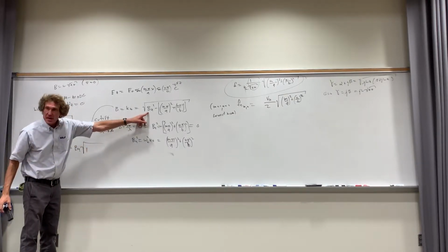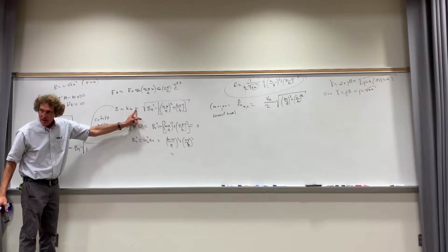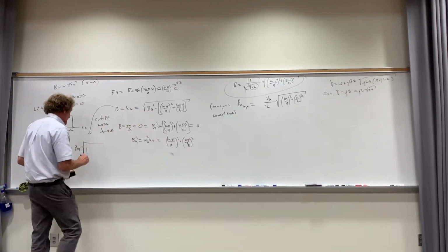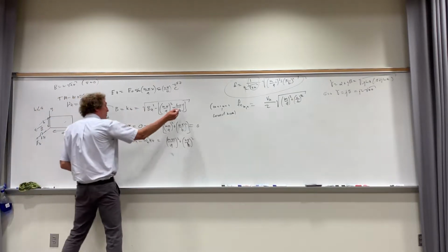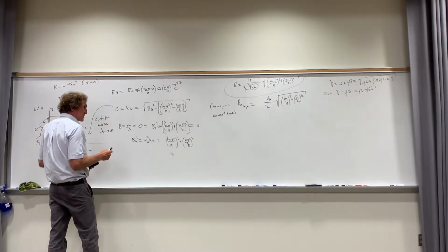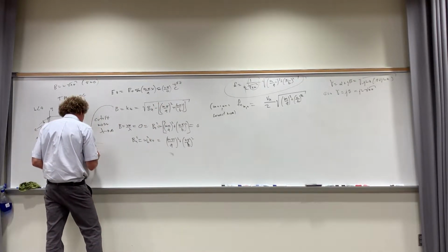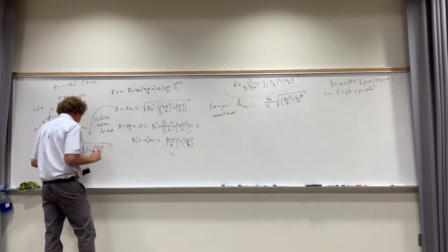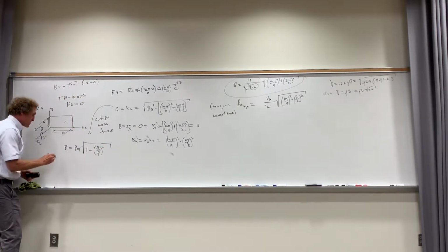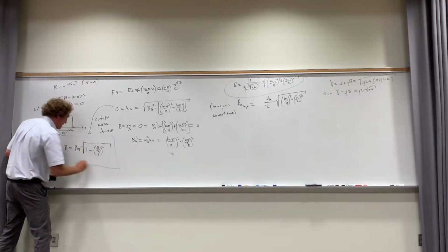I took the beta unguided squared, took the square root, and pulled it out. Then I have 1 minus all this divided by beta unguided squared. What that actually comes down to is simply FC over F squared. And this right here is the one you use.